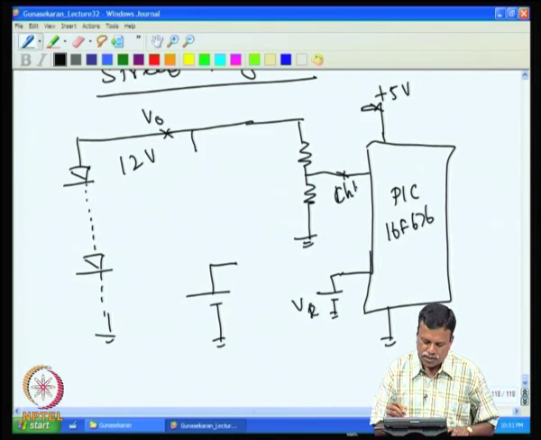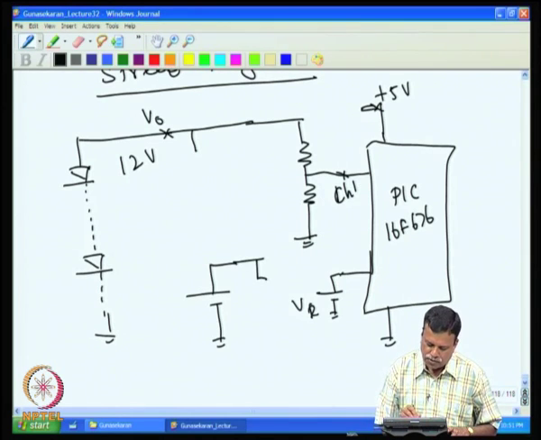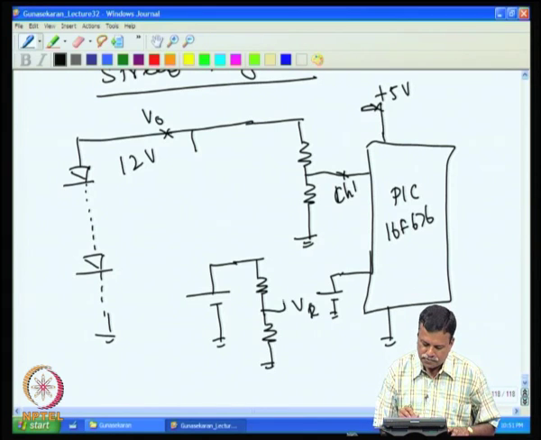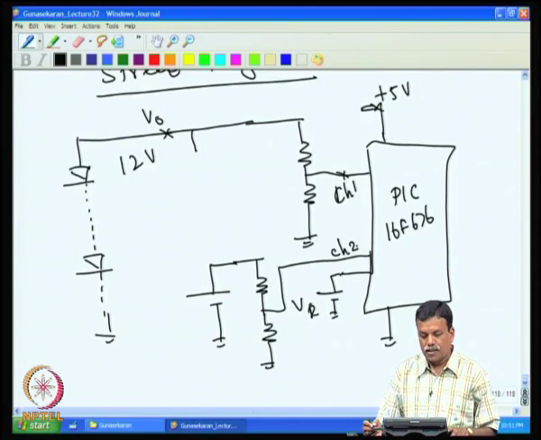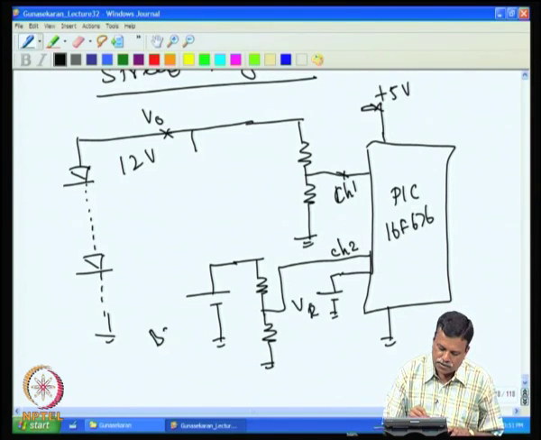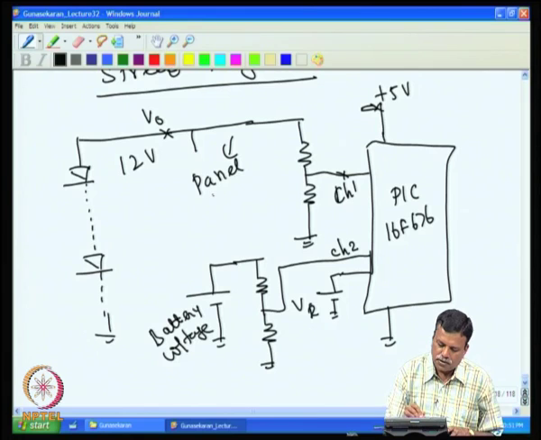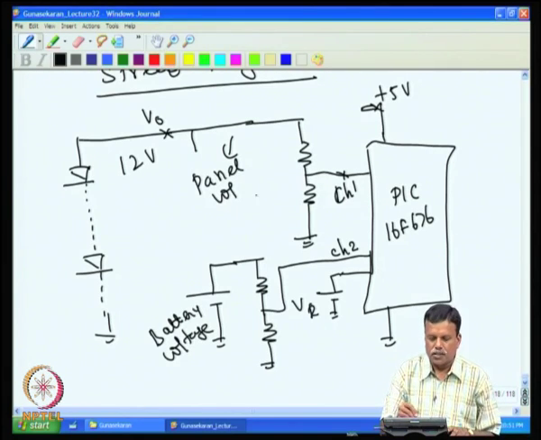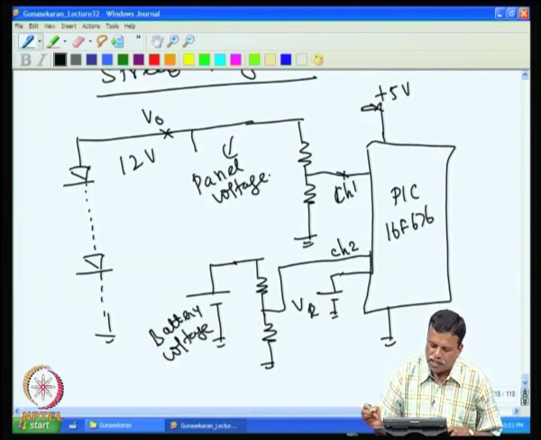Similarly, the battery voltage is also divided and given to channel 2. So the solar panel voltage and the battery voltage are fed to the PIC microcontroller for the conversion.